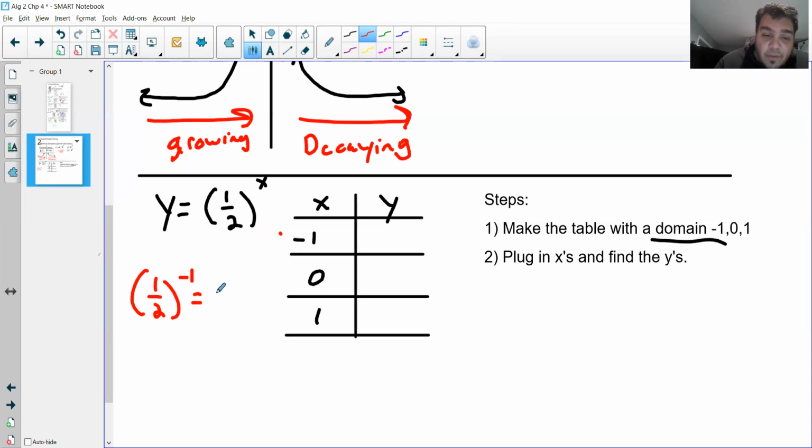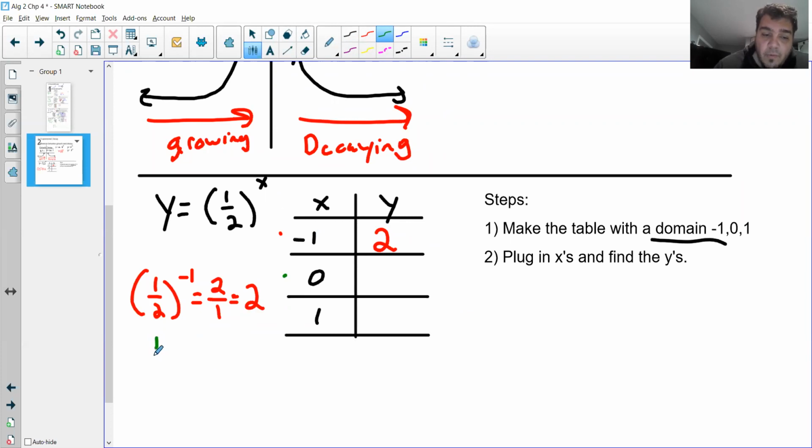I just have to flip the fraction. So to make this positive, I could flip over the fraction, 2/1, which just becomes 2. So for my first one, it's 2.